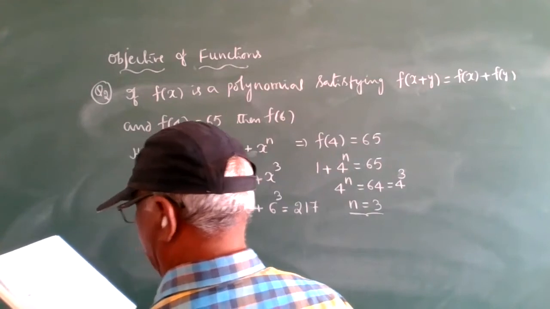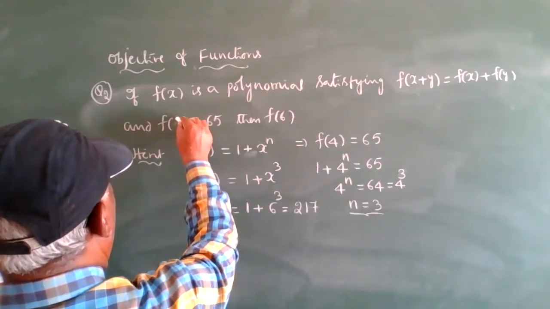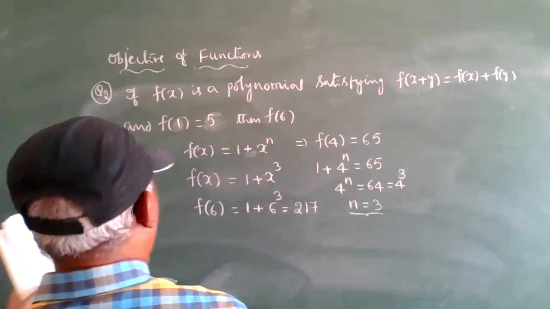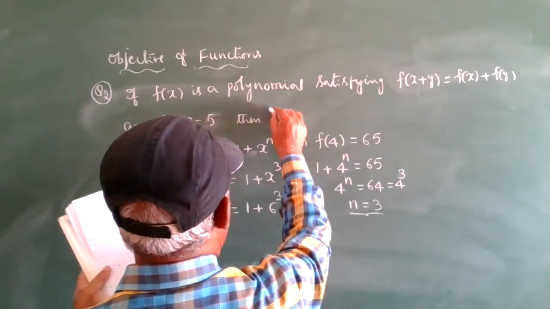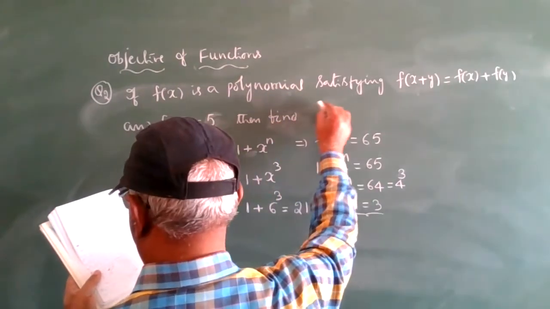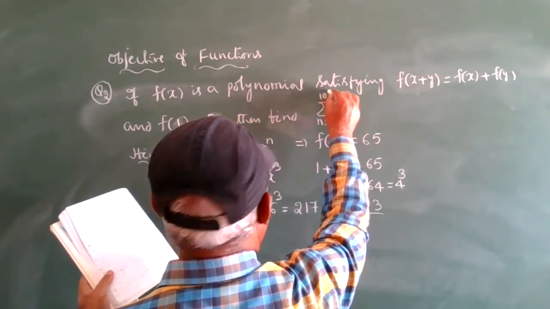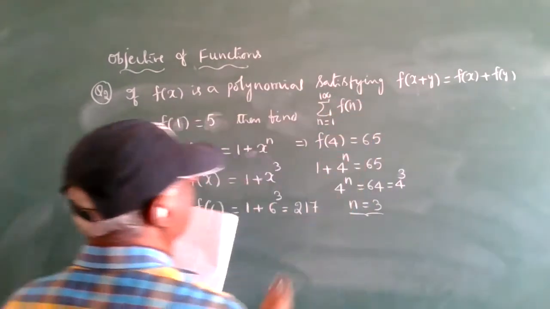And f of 1 is equal to 5. Then find sigma n is equal to 1 to 100 of f of n value.